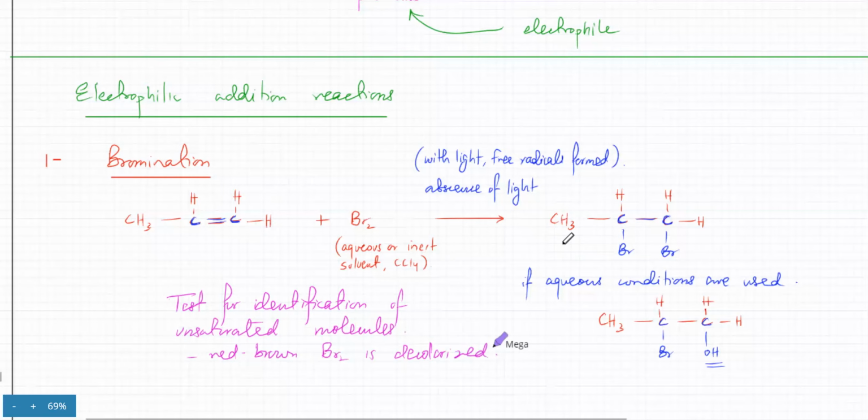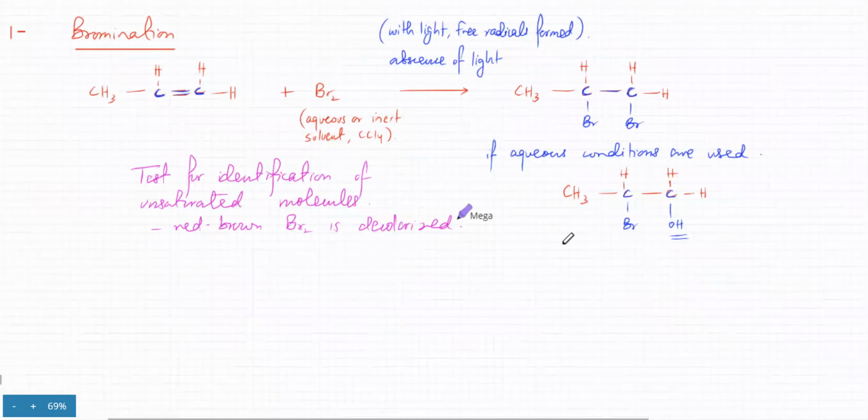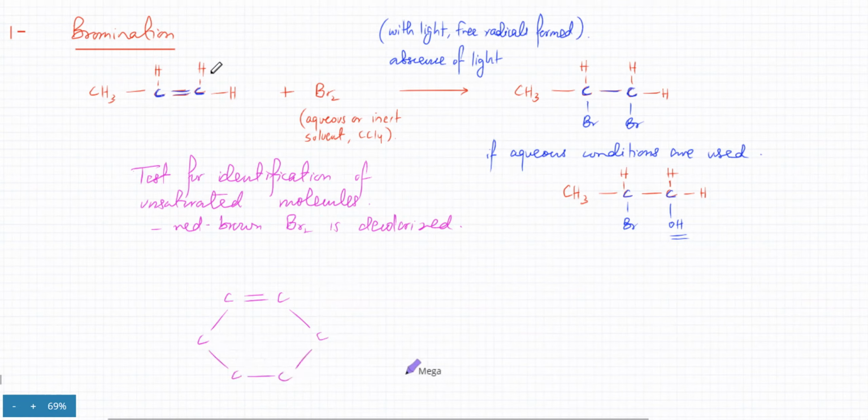So this was basically the reaction that you've studied. You can remember the reaction only happens with the double bond and nothing else. So if you have a large complicated molecule, so let's say this is, so remember this is not benzene, okay?